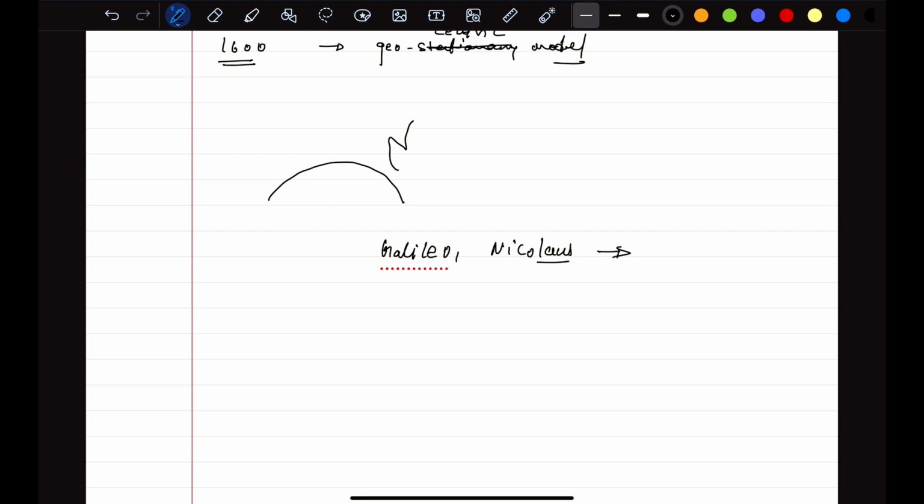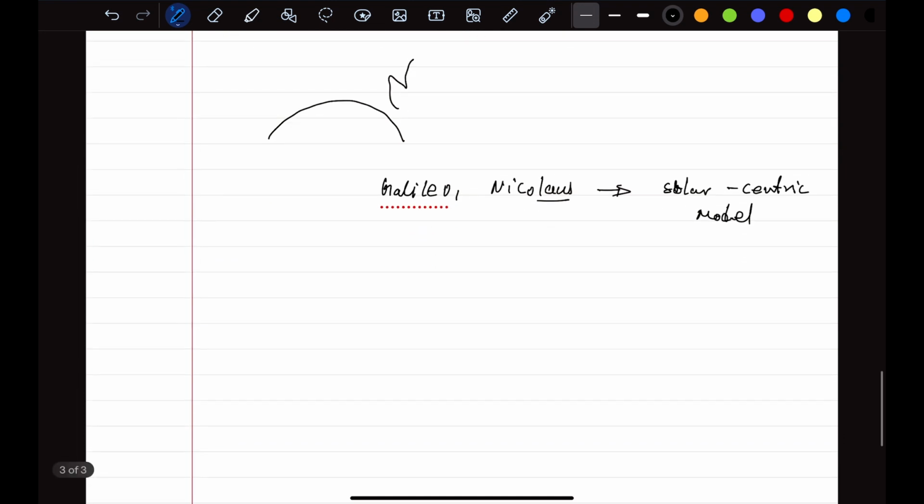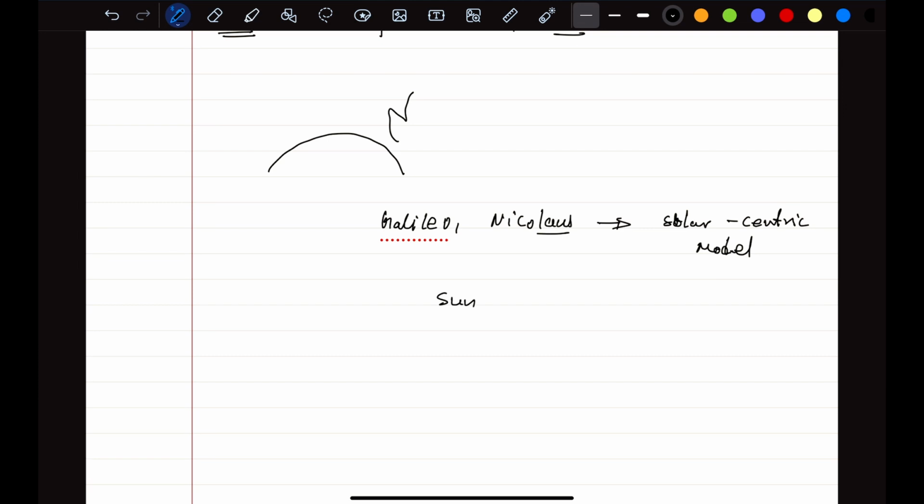With the data, they came out with the explanation of the solar-centric model. In the solar-centric model, the sun was taken as the center of rotation, and the other planets were rotating about that sun.